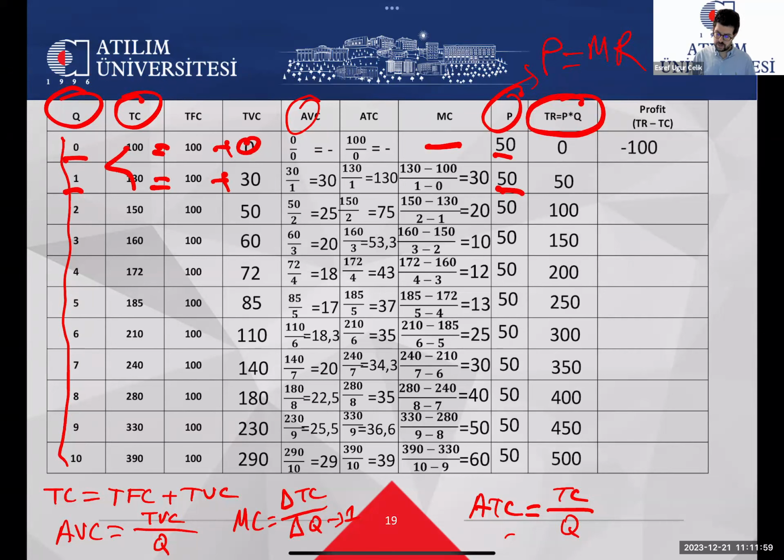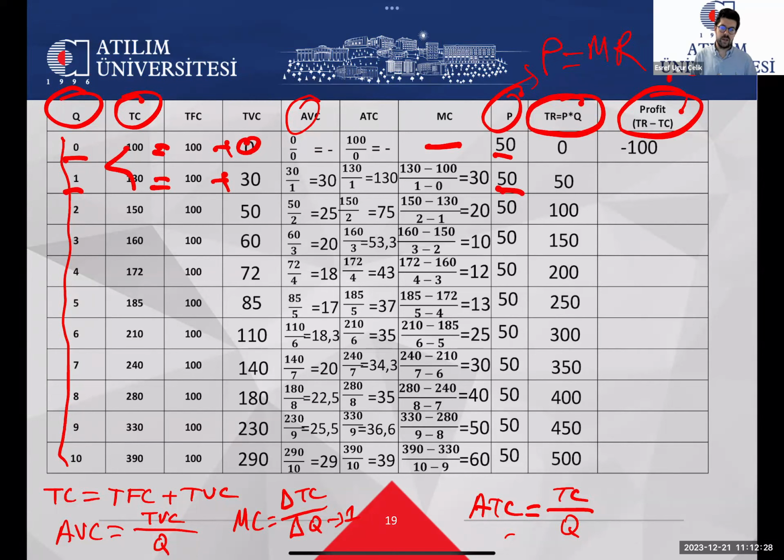Then let's come to the profit part. In the profit, I said we use two formulas: total revenue minus total cost, or price minus average total cost, multiplied by quantity. But in a table question, please use the first formula. Okay?